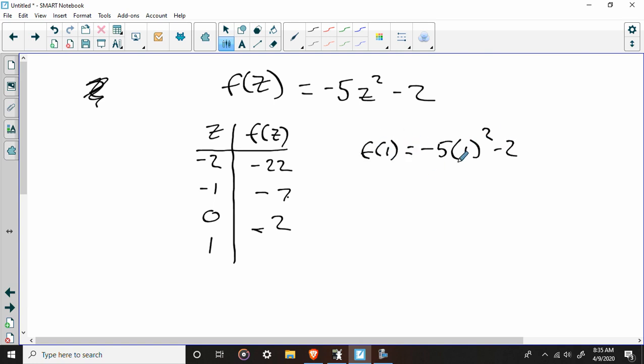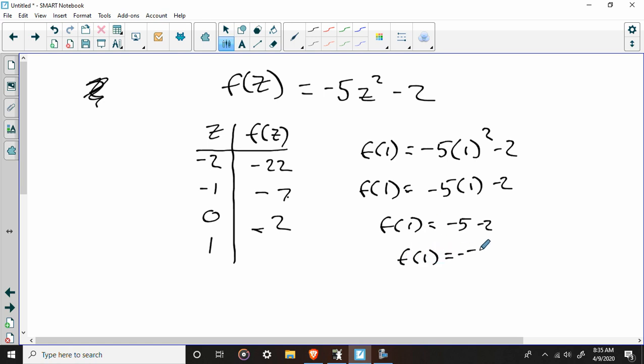Okay. 1 squared is 1. -5 times 1 is -5. -5 minus 2 is going to be -7. So you see, we got the same answer out when we plugged in -1 and +1, and that's going to be something that we're going to look at pretty in depth. Okay, so that's about it, guys.